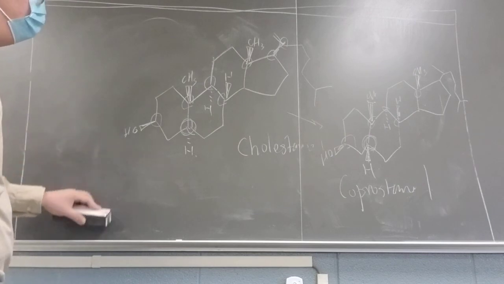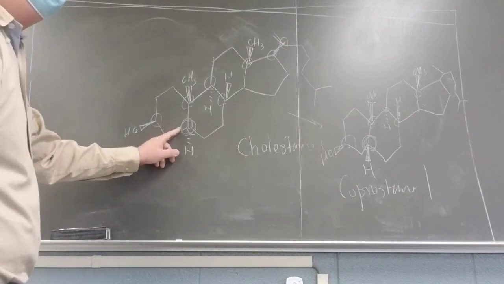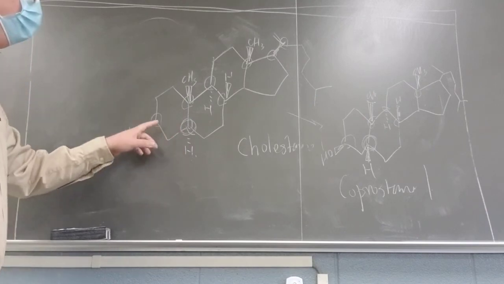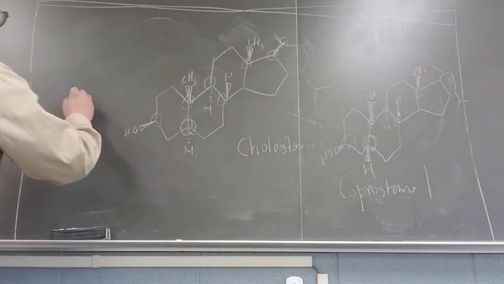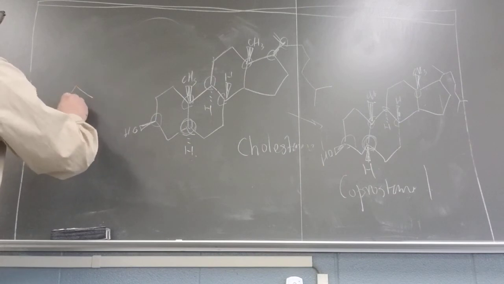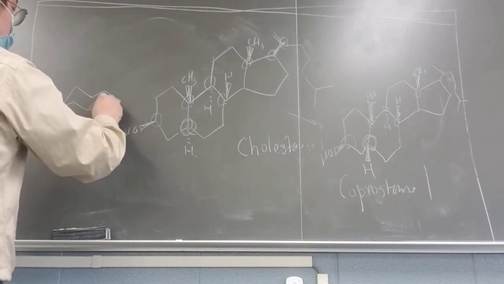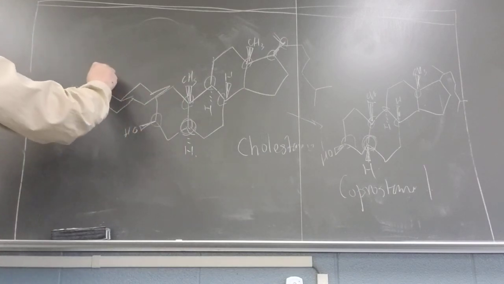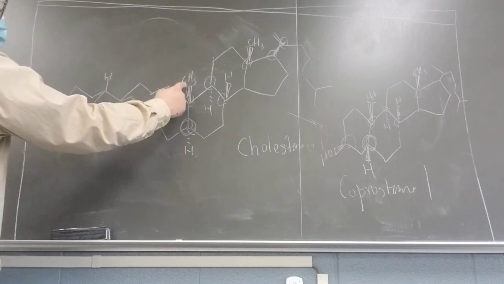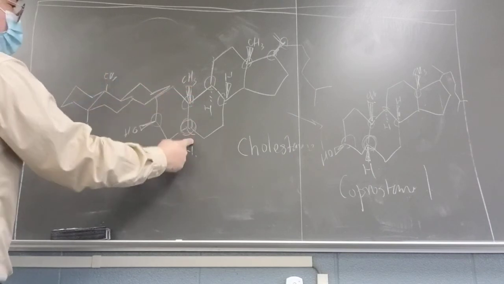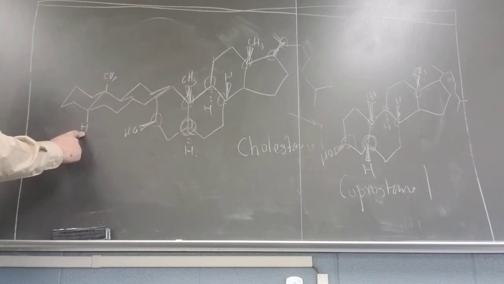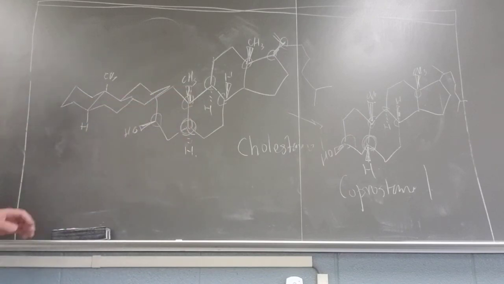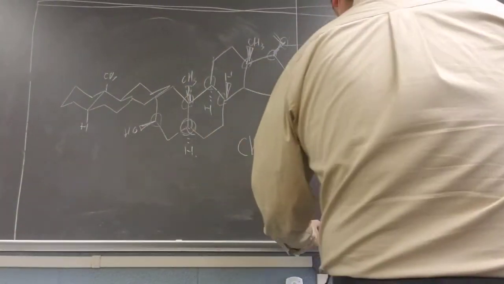Because do you remember the decalin bicyclic compound? If you look at this one over here, what it actually looks like is this. It's a trans, up and down, up and down, right? See, it's up and down. Do you see it, right? But in here, it's a cis.